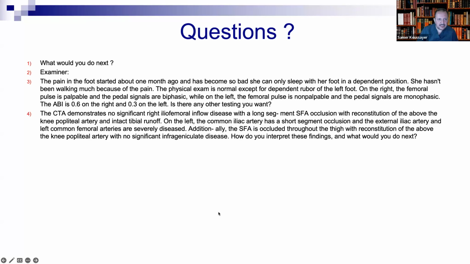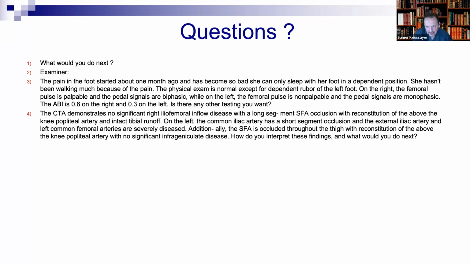Let's see what happened. CT angiogram revealed no significant right iliofemoral inflow disease, but long SFA occlusion on the right, with reconstitution of the above the knee popliteal artery and intact tibial runoff. So on the right, you just have SFA occlusion. On the left, the common iliac artery has a short segment occlusion, and the external iliac artery and left common femoral artery are severely diseased.